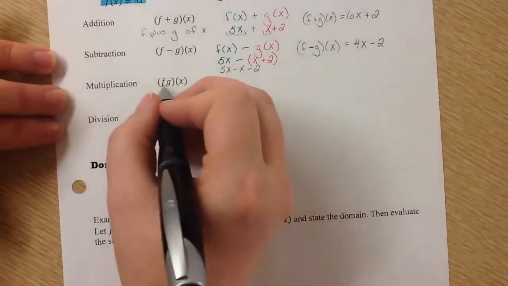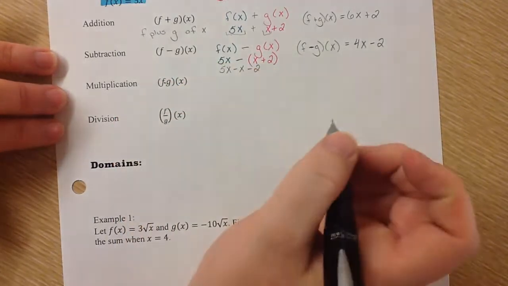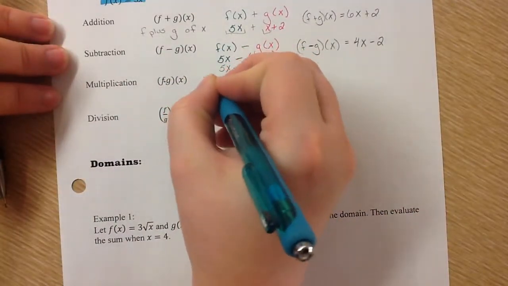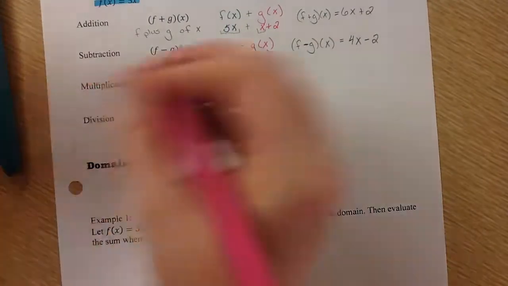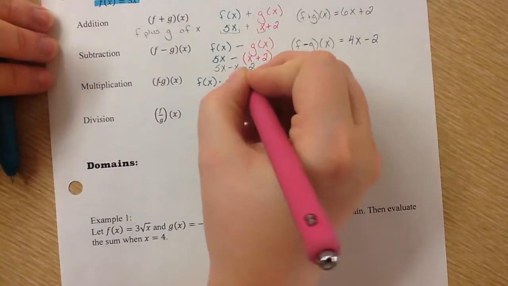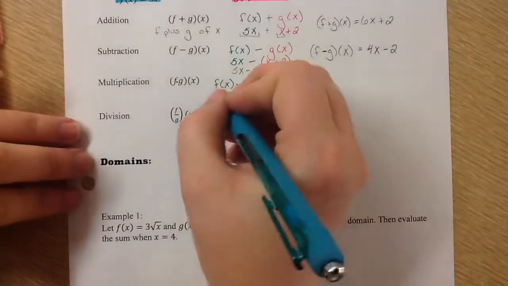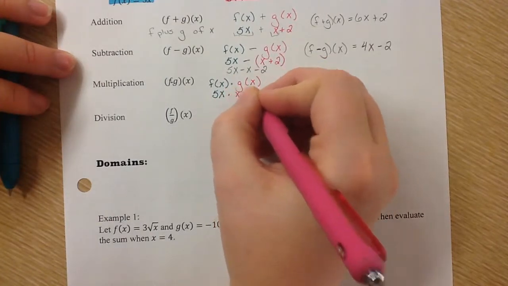Multiplication. This is f times g. If there's nothing in between the f and the g, it's a multiply. So this is me taking my f of x and multiplying it times g of x. We take my f of x function, which is 5x, and we multiply it times my g of x function, which is x plus 2.